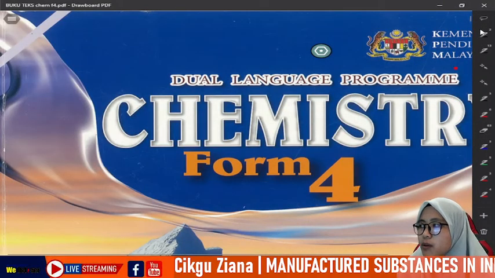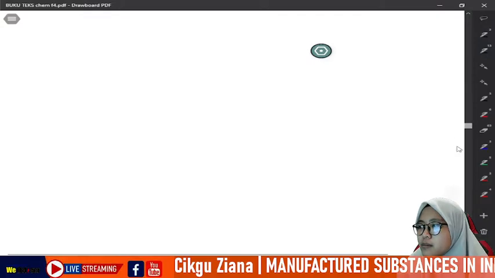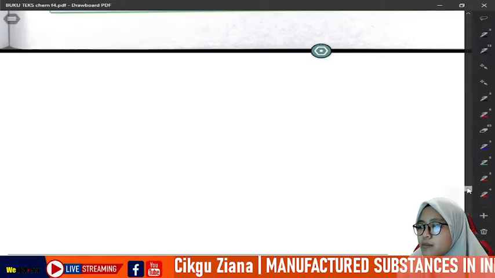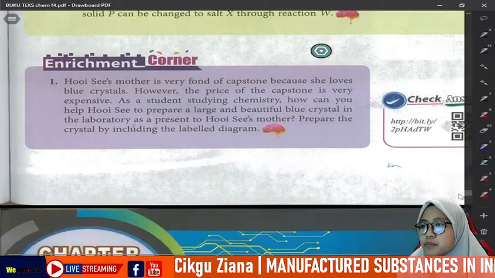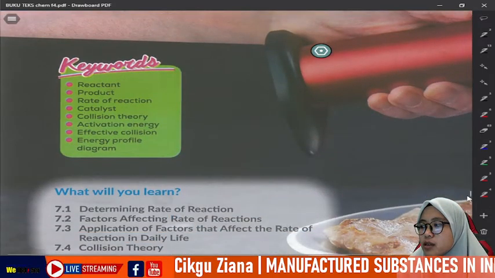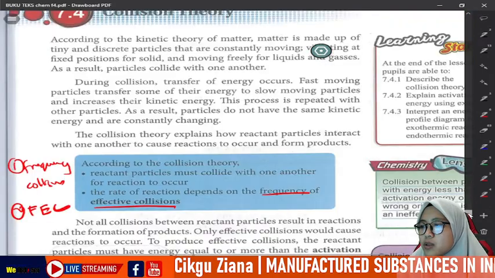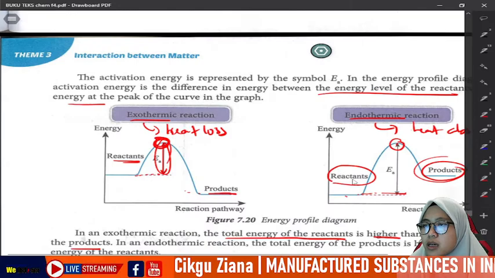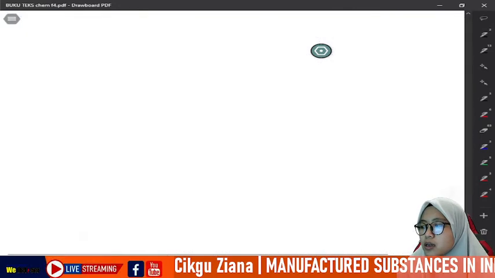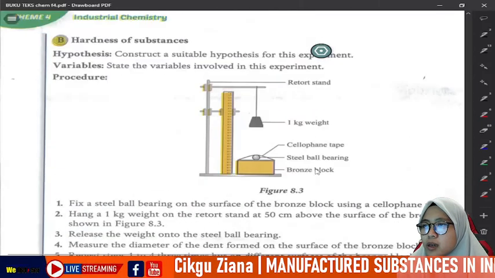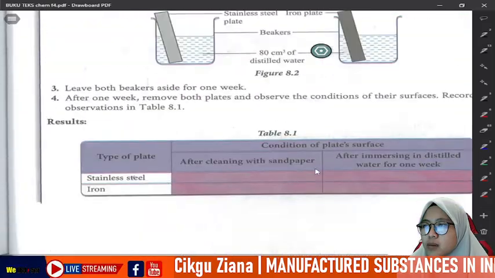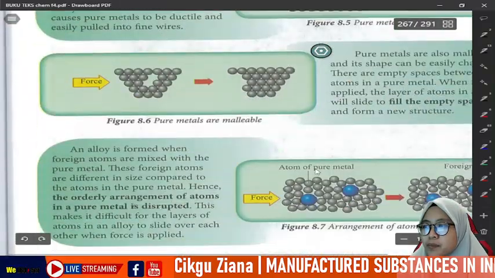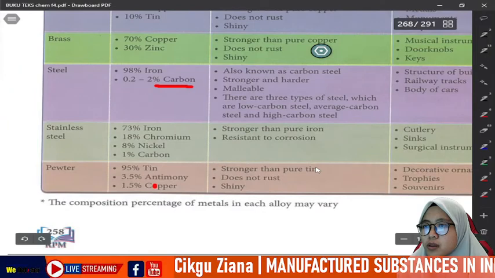Amirul? Stainless steel. Are you sure stainless steel? Ya, okay. Betul ke stainless steel? Ya, stainless steel. So, surgical instruments.